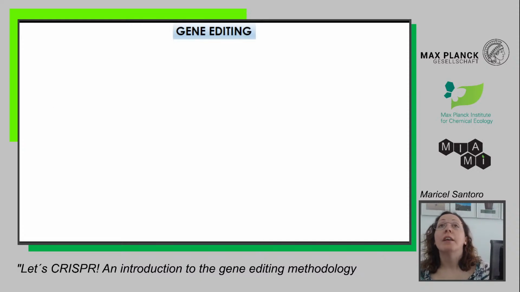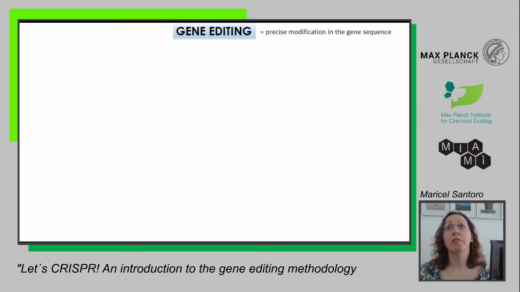Gene editing is a very useful and very flexible tool, and it's a precise modification in a gene sequence. So we know our sequence, and we want to modify it to see what effect we have in the plant afterwards, or in the organism afterwards, to know the function.